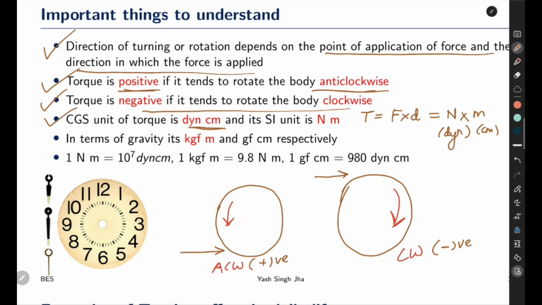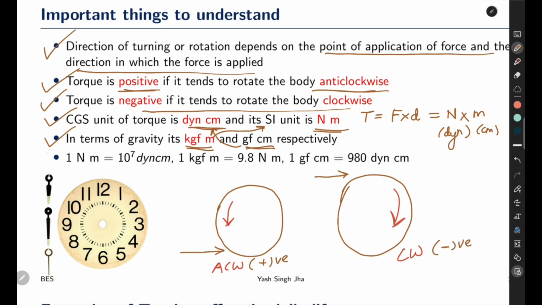So the CGS unit of torque is dyne centimeter and the SI unit is Newton meter. In terms of gravity, it is kgf meter. Kgf is also a unit of force, and gf centimeter. So kgf meter in SI unit and gf centimeter in CGS unit.